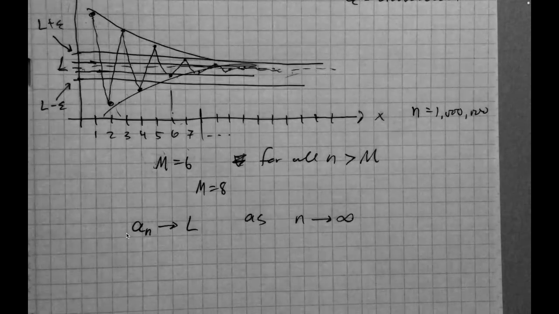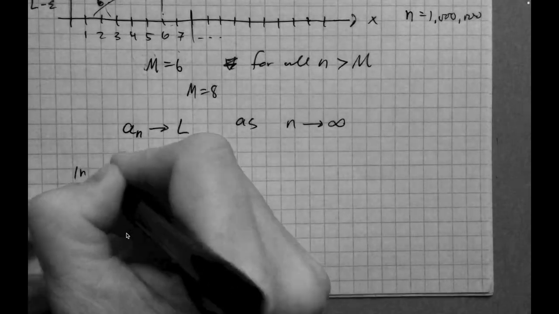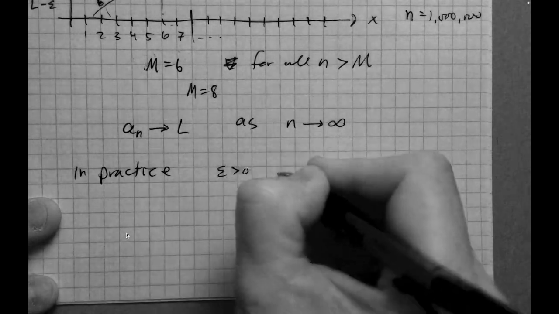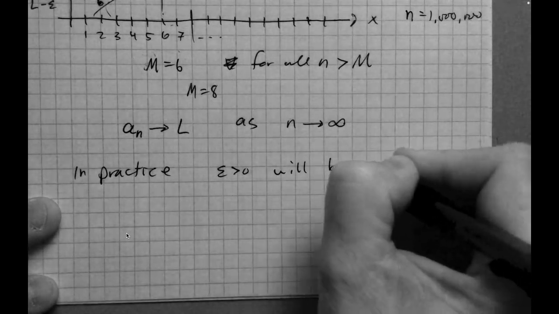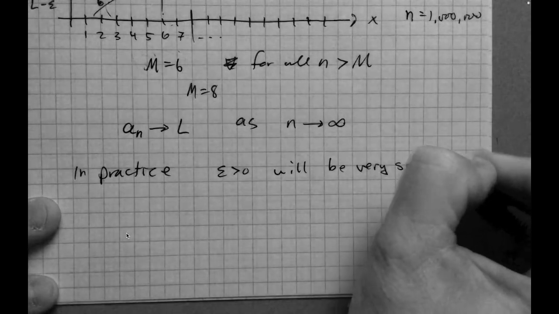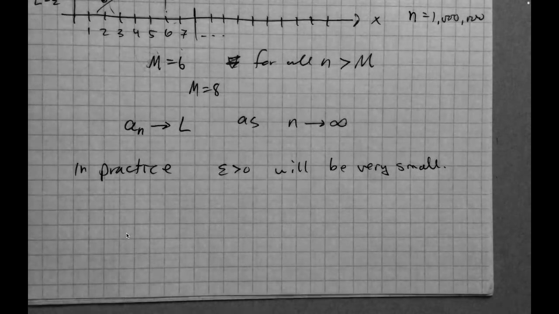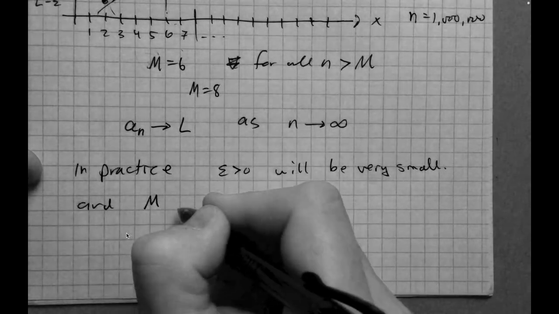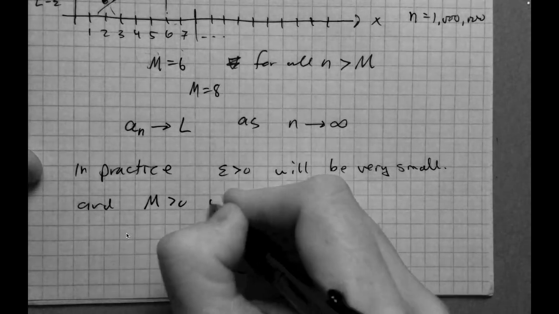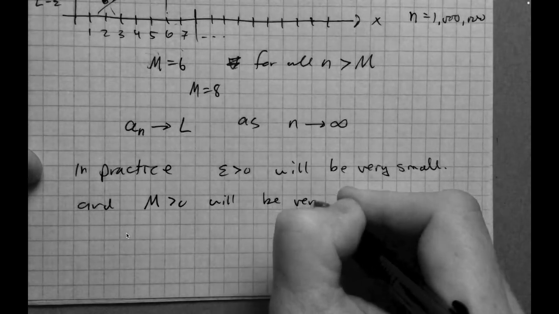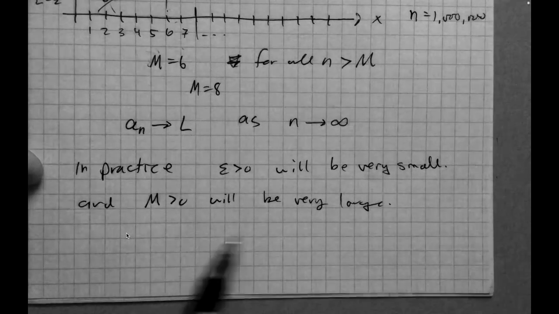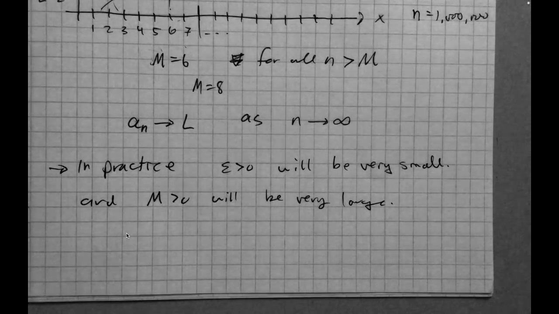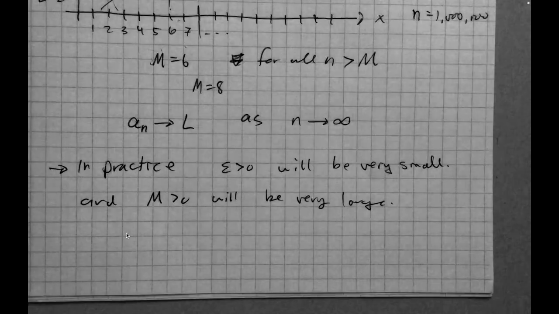Okay, so as I said, in practice, these epsilons will be very small. That's where it gets interesting: when epsilon is very, very small, M greater than 0 will be very large. I think a lot of times instructors don't point this out, and it gets lost, but this is the key.